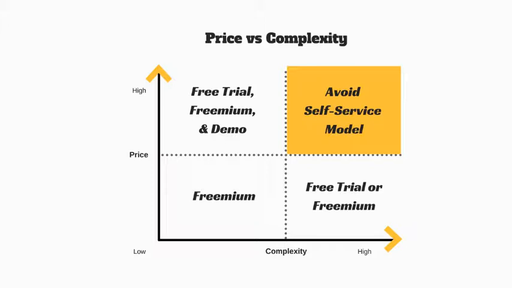And then when it comes down to where is a bad spot to have a self-service model, but you could still make it work, that would be on the spectrum of your complexity being very, very high. So bottom right, and the price is also low. So that's a dangerous spot to be in.